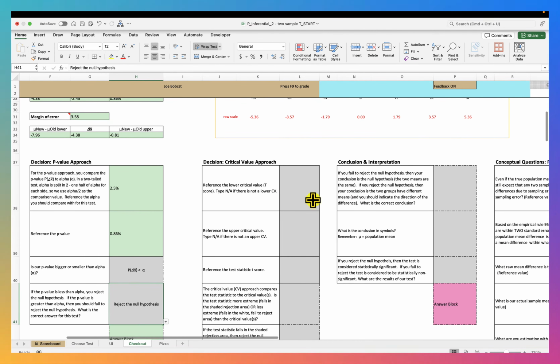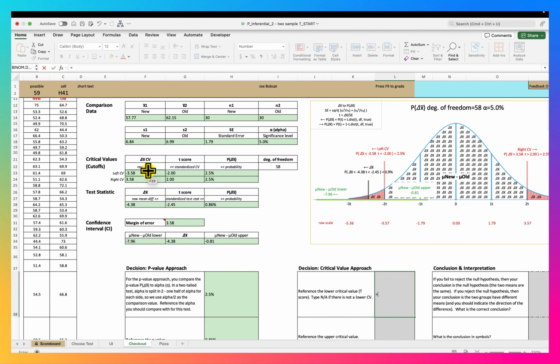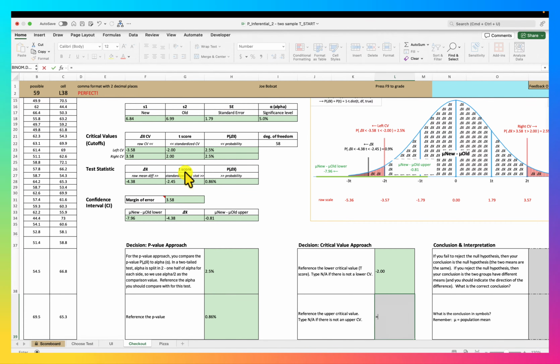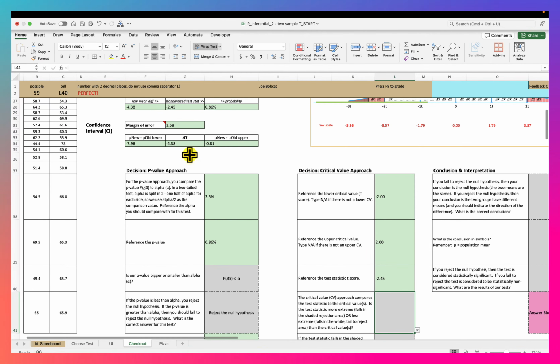So now we use the critical value approach, the lower critical value, and this time we want the t-score. That one, the upper one is that one. The test statistic is that, which is more extreme than the lower one.